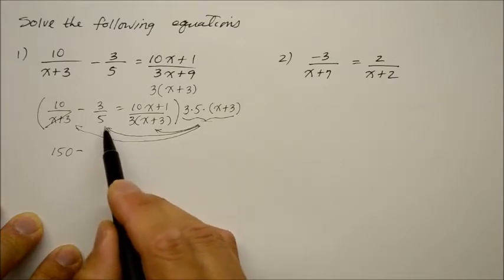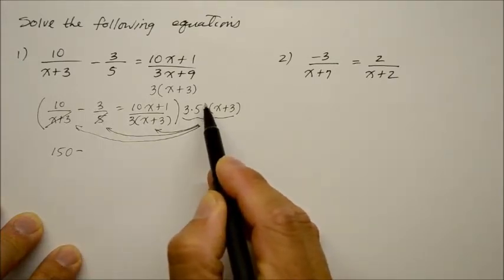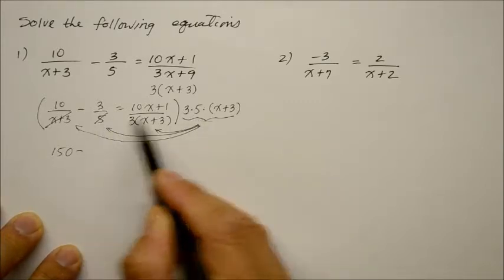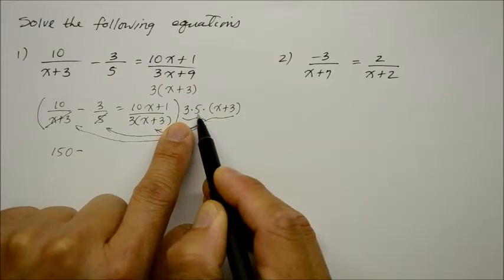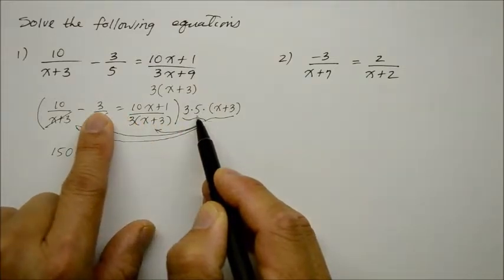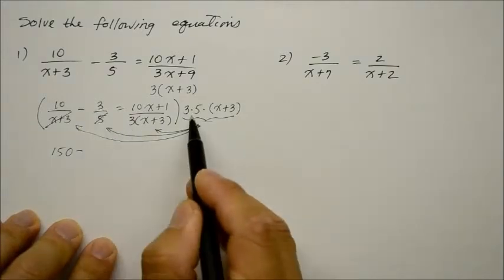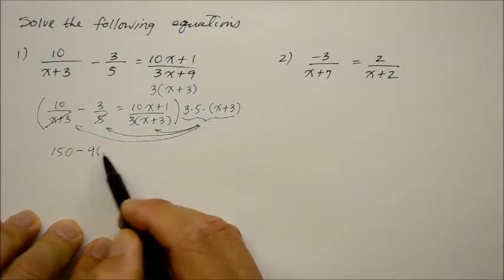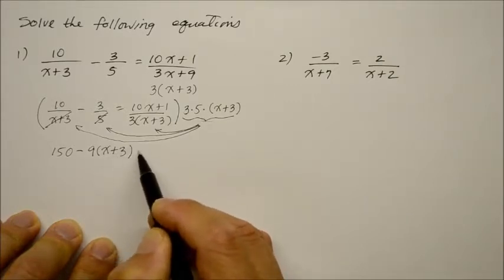And what happens now is the 5 cancels out the 5. They reduce to a 1. So what remains is now just 3 times this 3 times the binomial x plus 3. So 3 times 3 is 9 times the x plus 3, which we will evaluate a little later on.